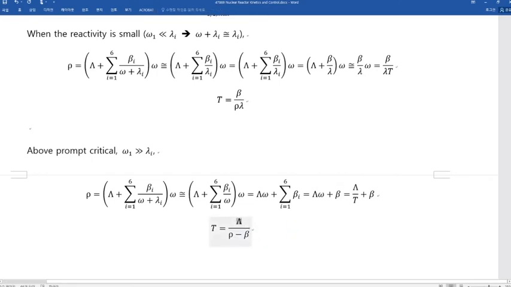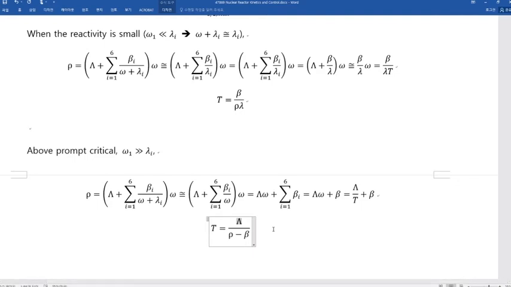Of course, we are currently talking about the region above prompt criticality. So in this region, the delayed neutrons will not have a significant contribution.